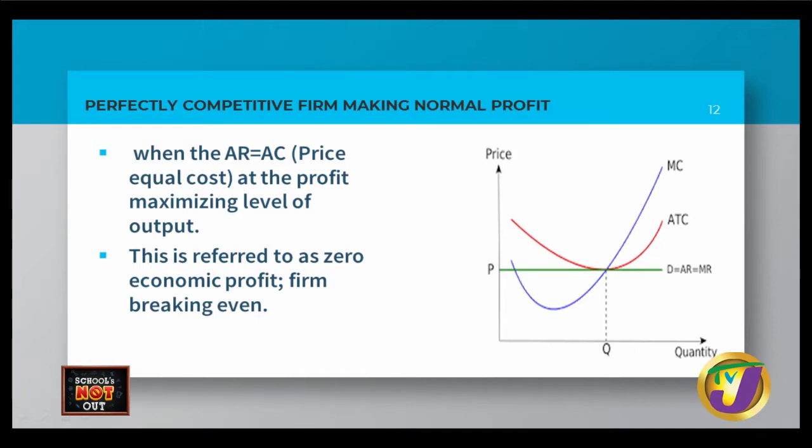It will act as an incentive for others to enter into the market, and they will enter until they compete away the profit, until all the firms are only making normal profit. So for this diagram, you notice that your average cost curve is sitting tangent to your price line. So there is no excess profit being earned at this point. This will happen in the long run.